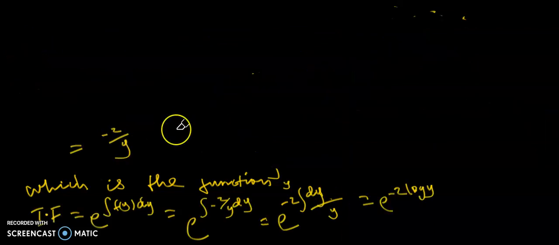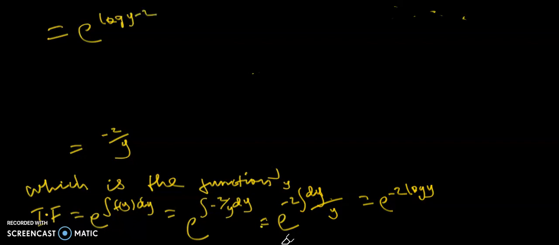So if we simply integrate this function of y, we will have the exponent of the integral of negative 2 over y, which, if we bring negative 2 outside and integrate dy by y, will give us the exponent of negative 2 log y, which will be equal to the exponent of log y to the power minus 2, which can be written as y to the power minus 2, which is the same as 1 over y squared.